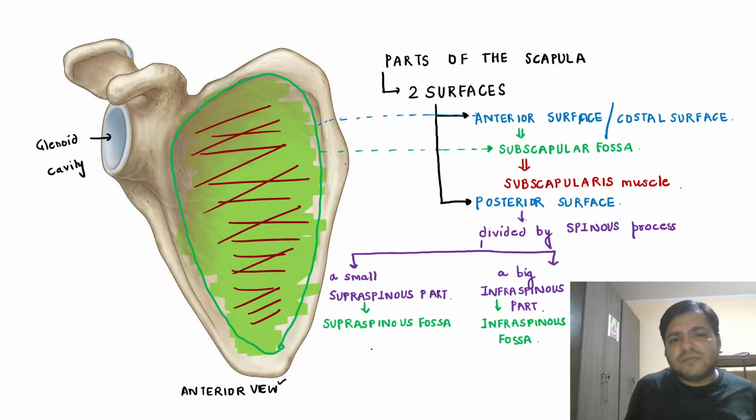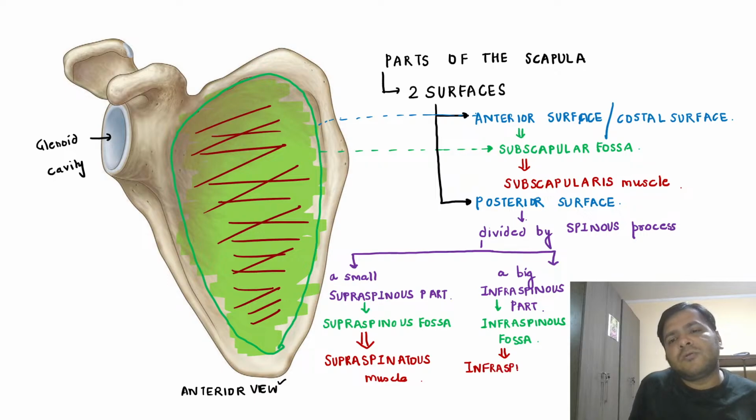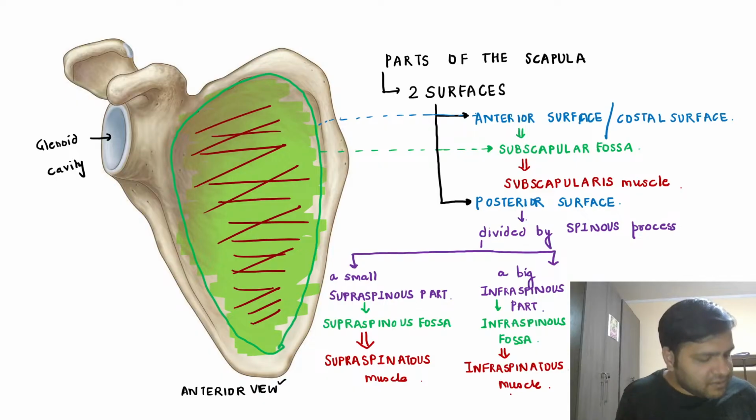The supraspinous fossa basically contains a muscle called the supraspinatus muscle. Very, very important. And the infraspinous fossa contains the infraspinatus muscle. We have the supraspinatus muscle and the infraspinatus muscle.